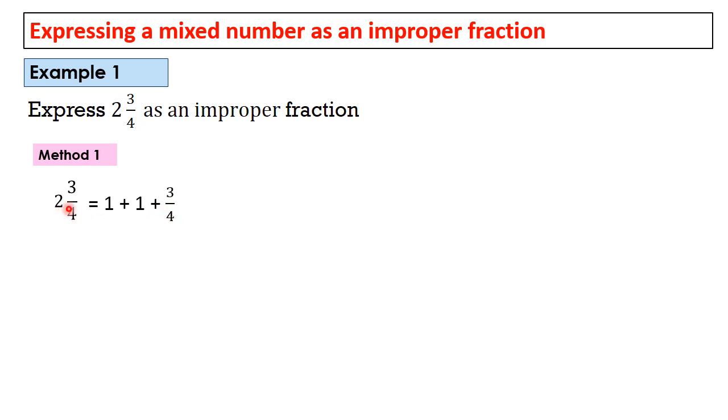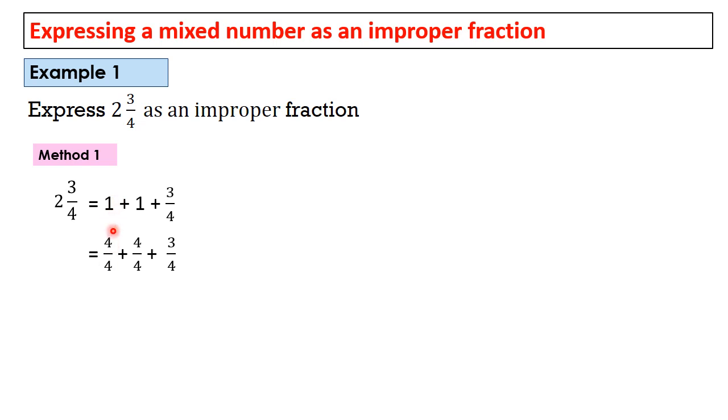First step is separating the whole number part into ones and the fractional part. Then thereafter the whole number part is written in the improper fraction form, that is 4/4 each. The reason for writing the denominator 4 is that the denominator in the fractional part is 4, so we write the numbers in terms of 4 to get the same denominator everywhere.